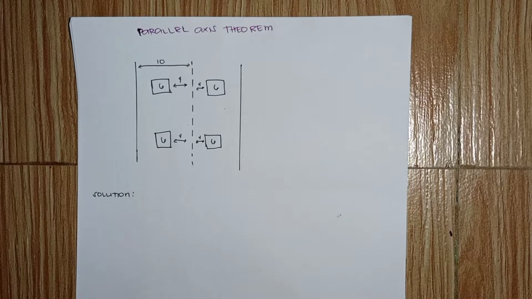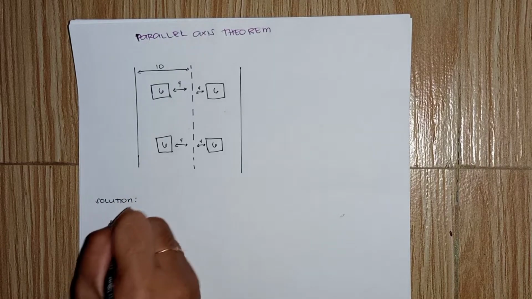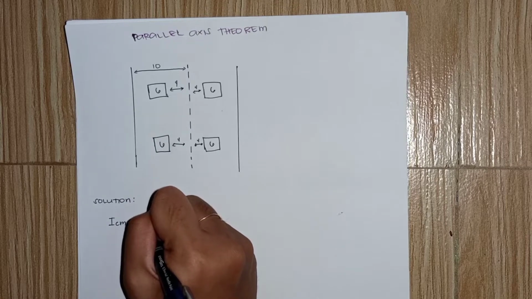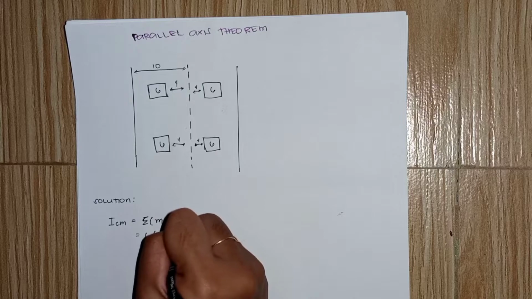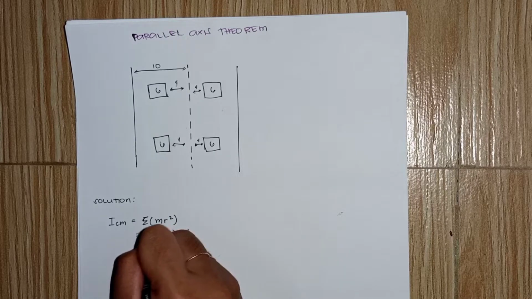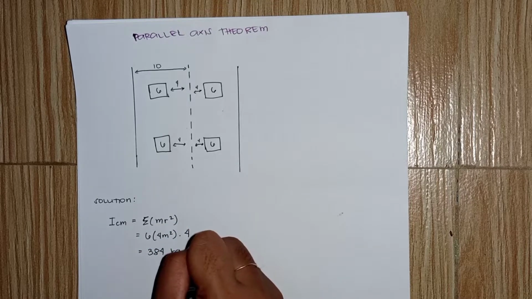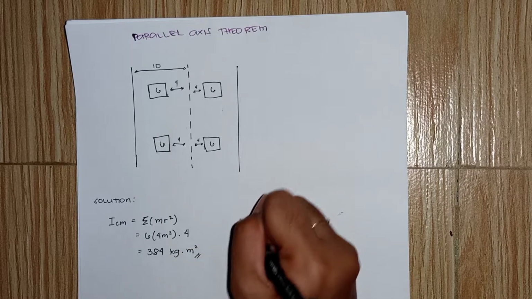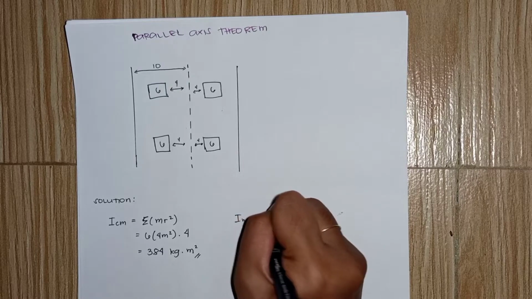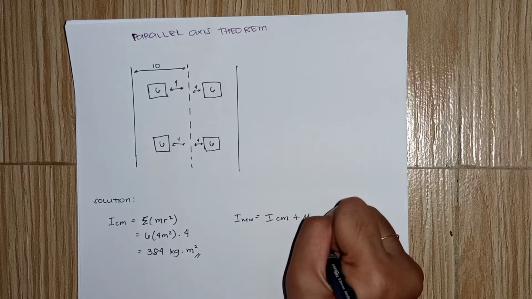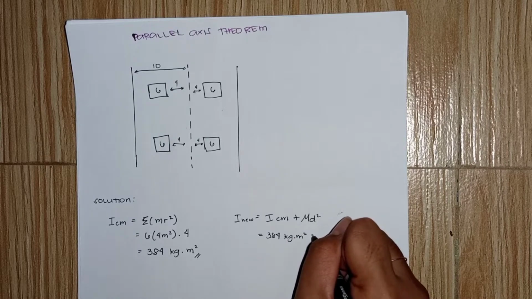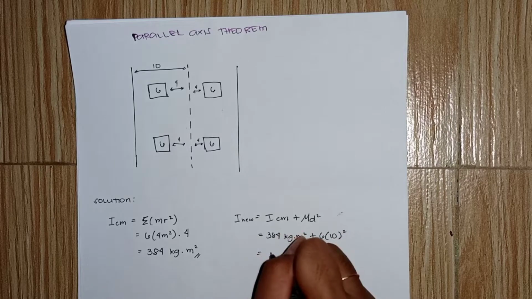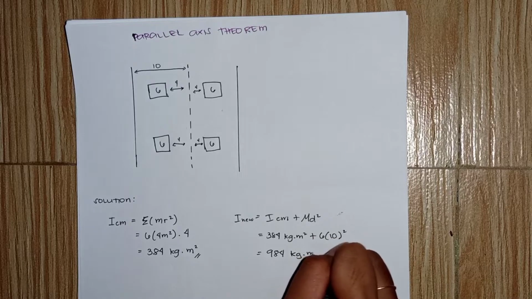So guys, the next one will be the parallel axis theorem, and the solution we're going to do is using the formula of I summation of m r squared equal to 6 times 4 meter squared times 4 equal to 384 kilogram times meter squared, and then the new axis is I new equal to I CM plus m d squared is equal to 384 kg m squared plus 6 times 10 squared equal to 984 kilogram meter squared.